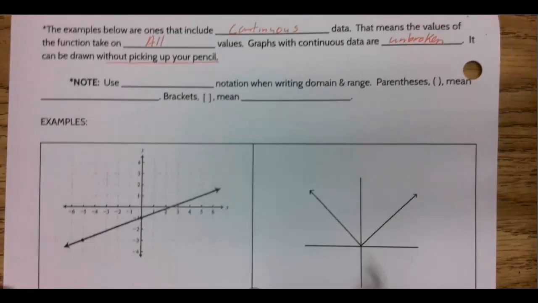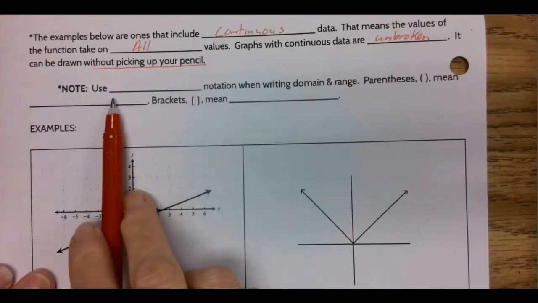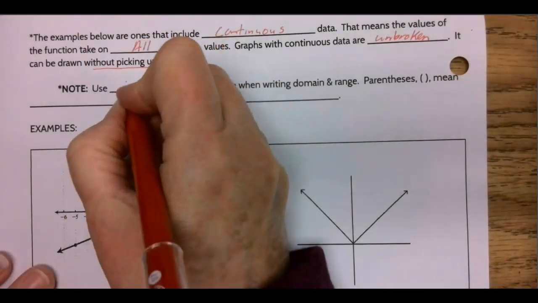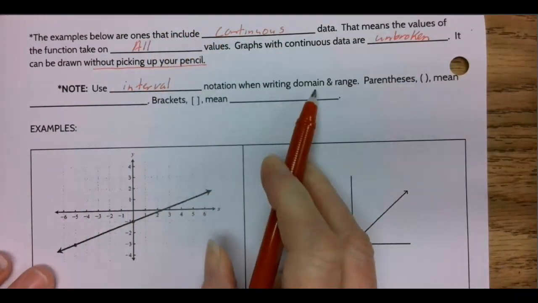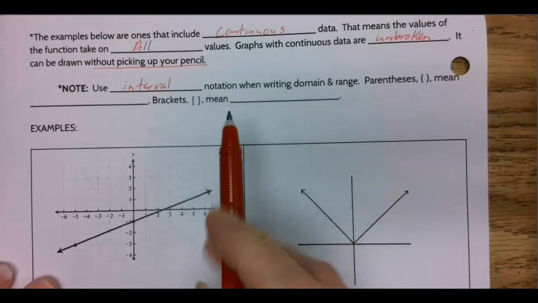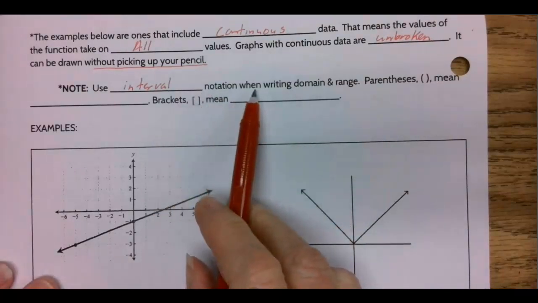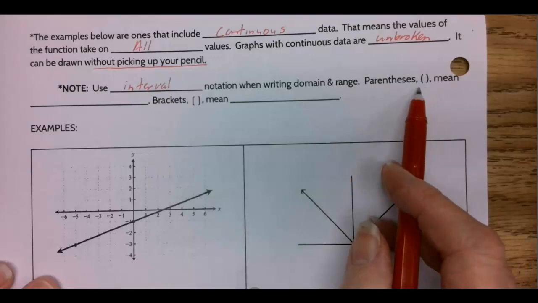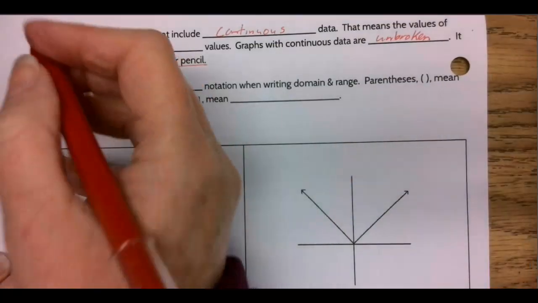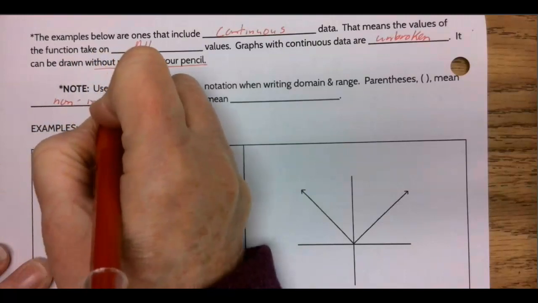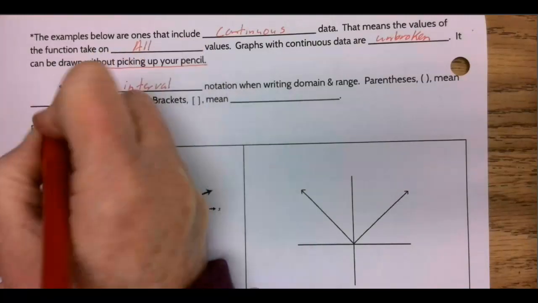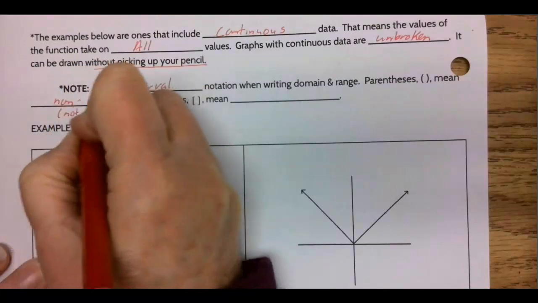Okay, so now we're going to use interval notation. You remember when we did this with inequalities, interval notation when writing domain and range. Parentheses mean that it is non-inclusive, so it's not part of the solution.